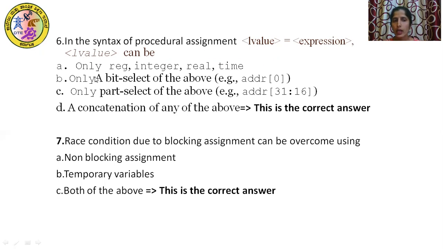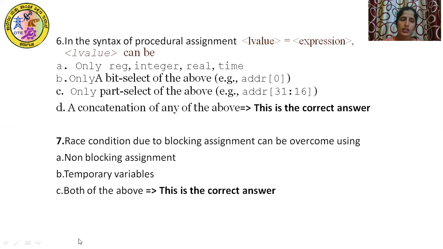Whether they can take only register, integer, real, time type variables, only a bit select of the above, only part select of the above, or a concatenation of any of the above. So L value can take any of these. So it can take a concatenation of any of the above. So this is the correct answer.